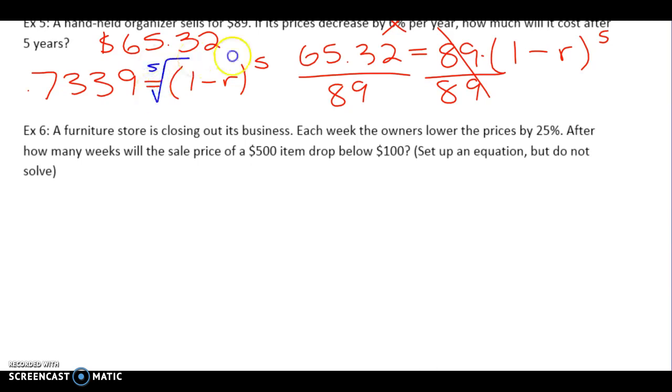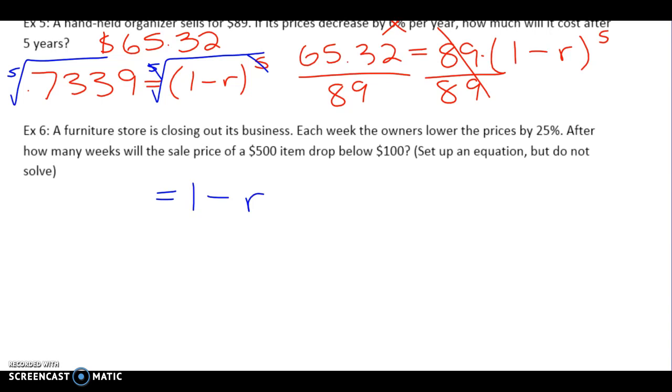We take the 5th root of both sides. So the fifth power and the fifth root cancel out, which leaves me with 1 minus r equals. Now, let's do the fifth root of 0.7339 to the nearest 4 decimal places. 0.9399.